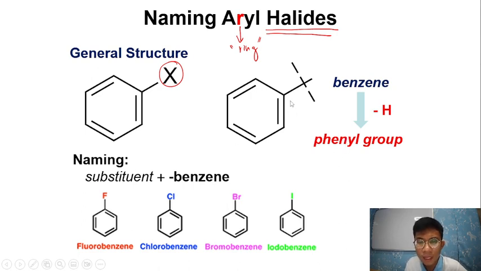So if you have a benzene, then you have originally yung hydrogen, then that will be the common name. So what will be the name? So it will become phenyl plus halide.